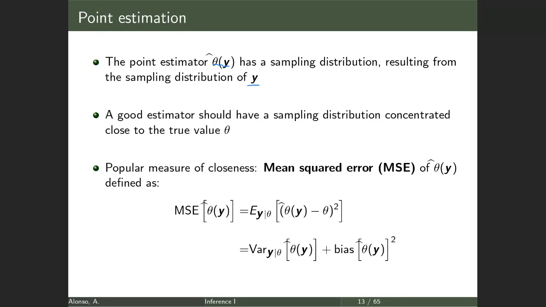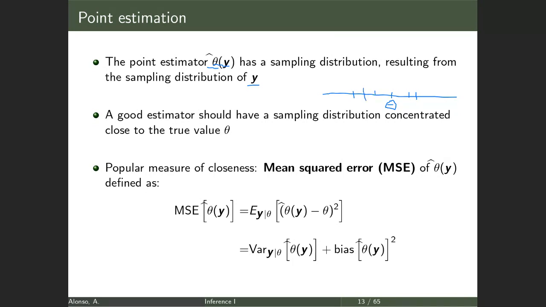So suppose that here is your theta, the true value you're trying to estimate, and you have your estimator, theta hat, over here. If you repeat your experiment again and again, you're going to get different guesses. Sometimes you will overshoot it a little bit, sometimes you will undershoot it a little bit. There will be variability in your estimates.